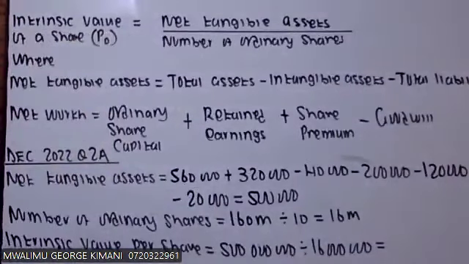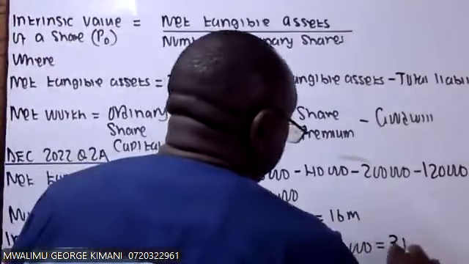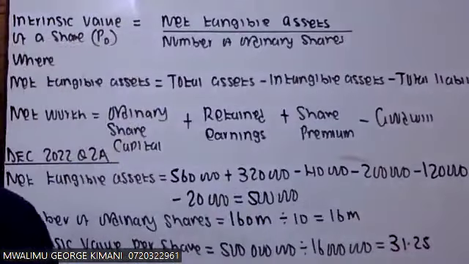That gives 1.25. So that is the value per share when you are using that method called net assets or liquidating method.